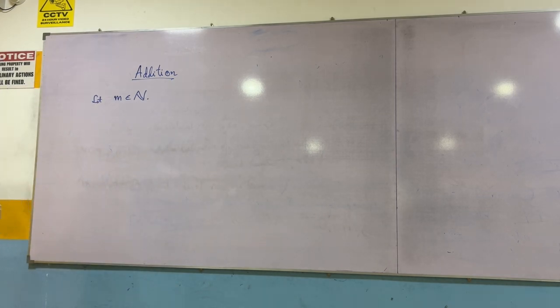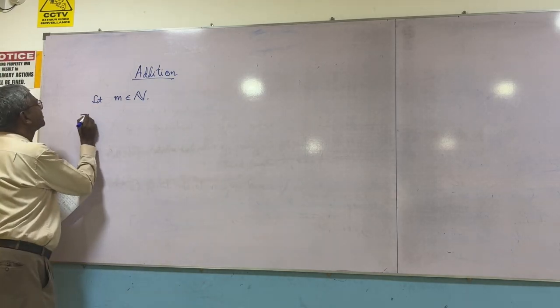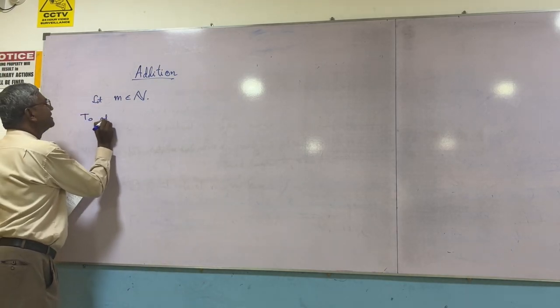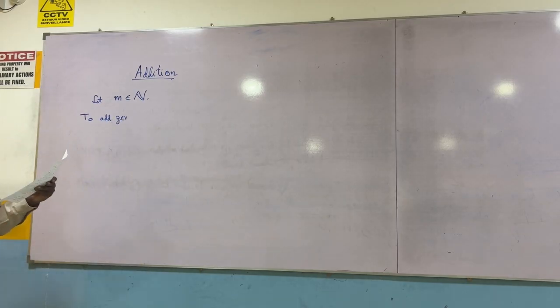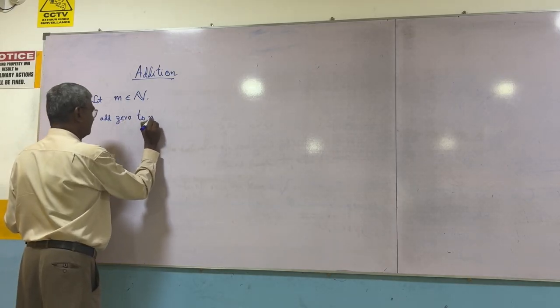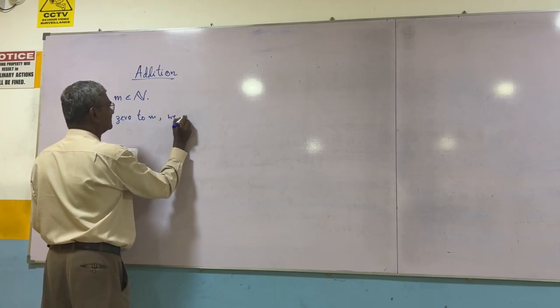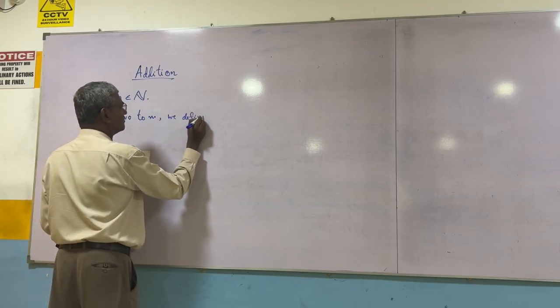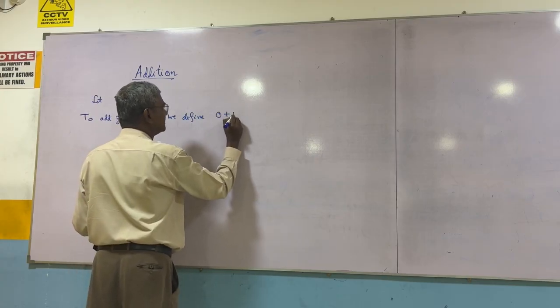To add 0 to m, we define 0 plus m equals m.